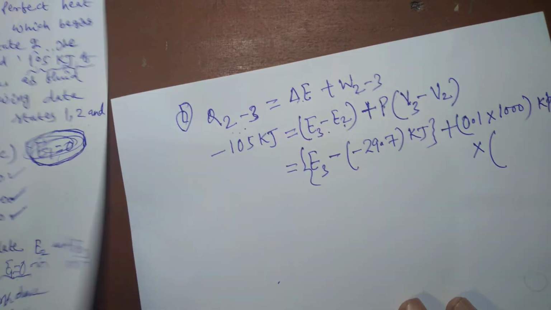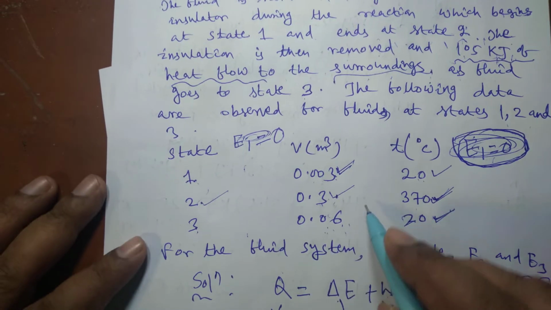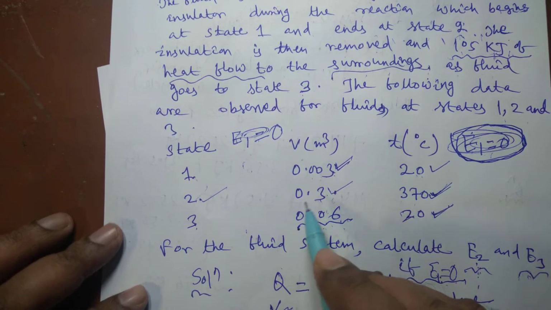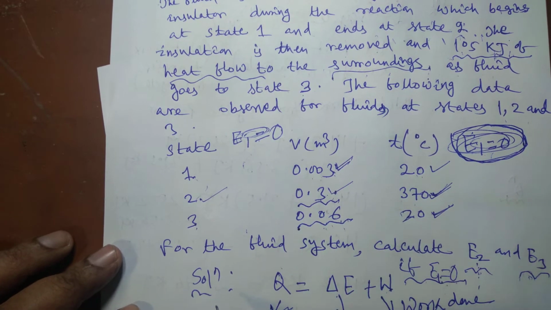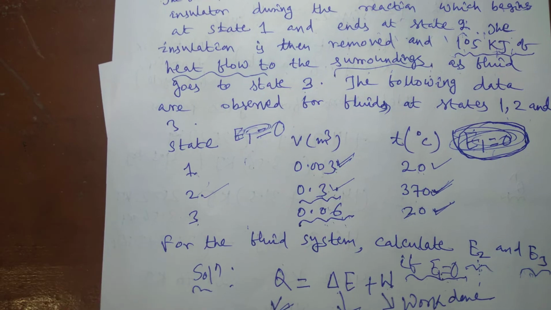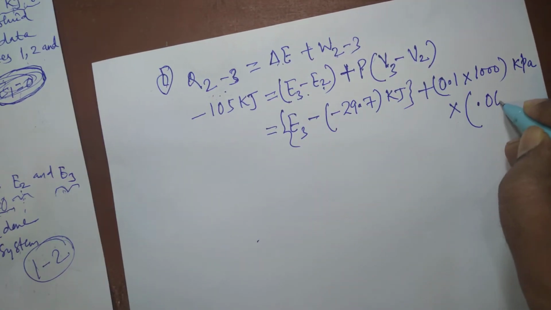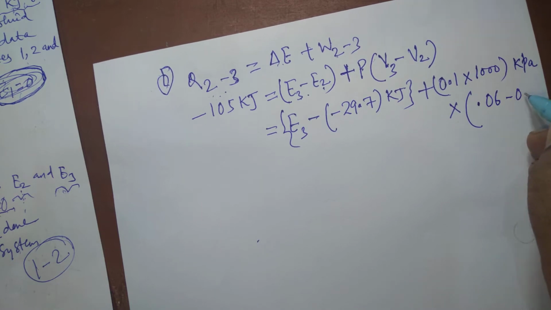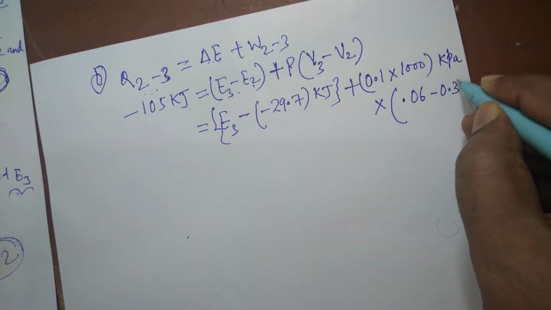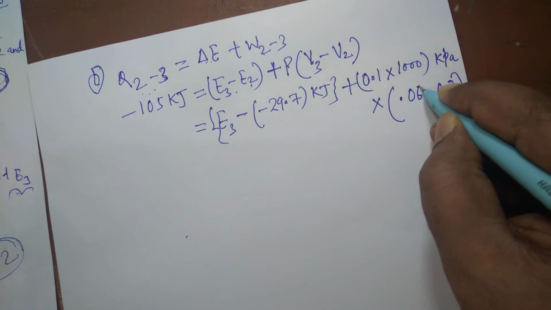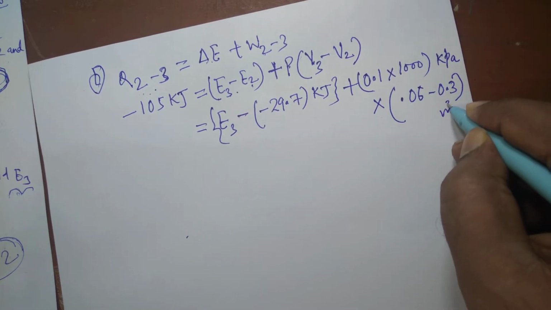V3 is given to be 0.06 meter cube, and V2 is 0.3 meter cube. So V3 minus V2 is 0.06 minus 0.3 meter cube.